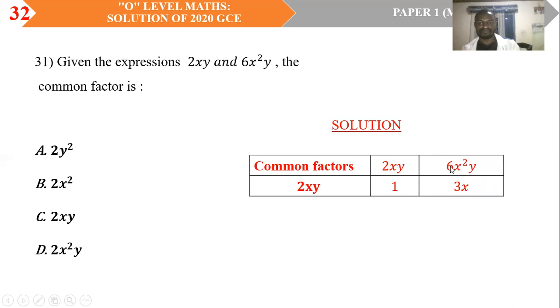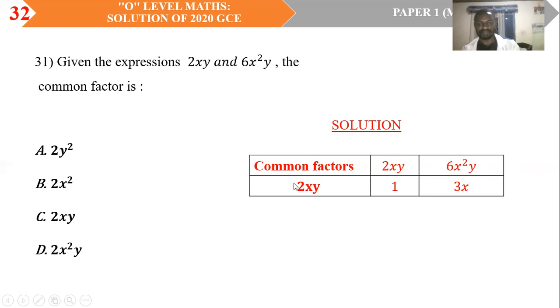We see that 2 can be obtained from 6. x is common here and here, y is also common. So bringing out all the common factors, we have 2 is common, x is common, y is also common.